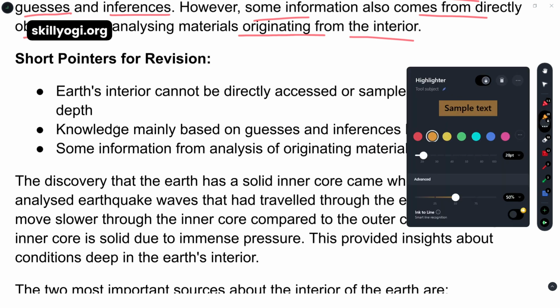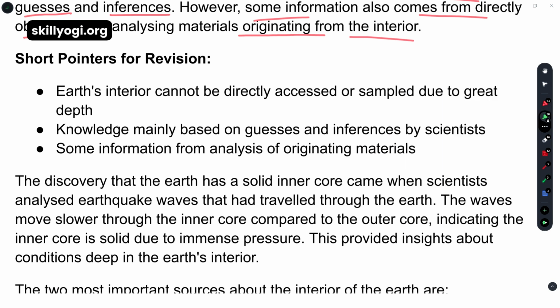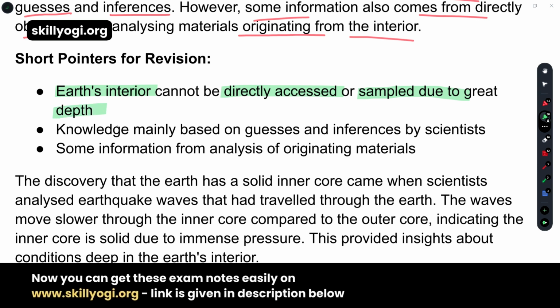Now, for short pointers or revision, what we have learned so far. The first one is that Earth's interior cannot be directly accessed. Yes, we cannot be physically present over there, and it cannot be sampled due to the great depth. We can imagine some conditions.